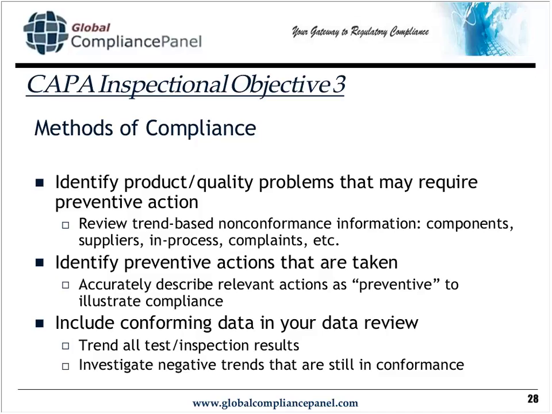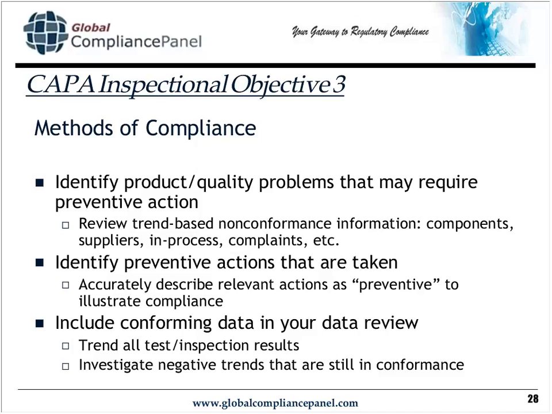Some firms implement lean manufacturing practices, and part of those lean manufacturing processes is the Kaizen event, in which you analyze your process to try to remove non-value added steps from the process. That is an excellent preventive action.